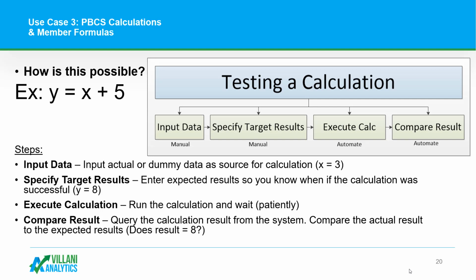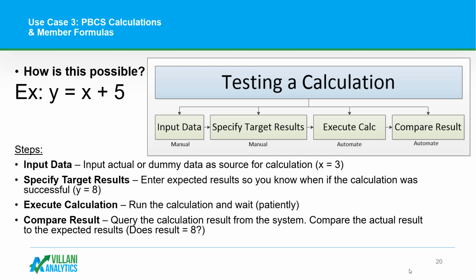We'd first input, whether actual or dummy data, into our value. So we would say, all right, let's assume x is 3. I'm going to push a 3 in there. And we'd say, well, what would our expected result be if x is 3? Well, 3 plus 5 is 8. So I would expect my result to be 8. We then run the calculation and wait patiently, as some calculations aren't just a simple one-second execution.